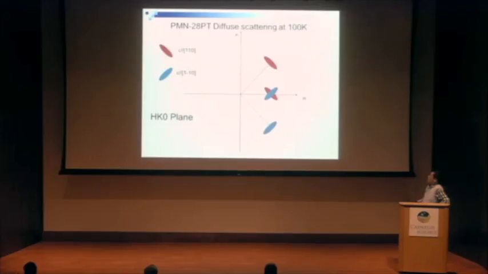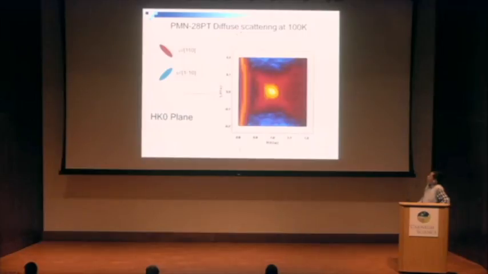Here are some of our recent results in a PMN-28PT single crystal, measured at 100 K in the HK0 plane. Around the 100 Bragg peak, we can see clearly a butterfly-shaped diffuse scattering, with both red and blue wings.